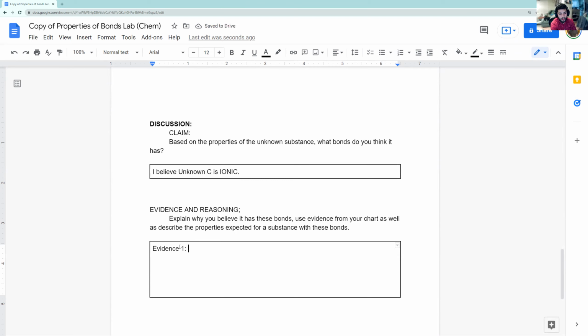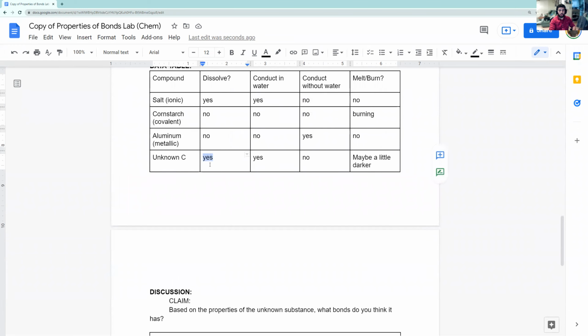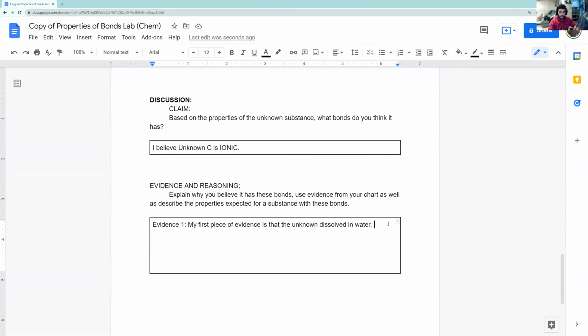Let's say my first piece of evidence is that the unknown dissolved in water. Evidence is just a statement of fact based on data. We have data right here that says unknown C dissolved in water, and that's my evidence.